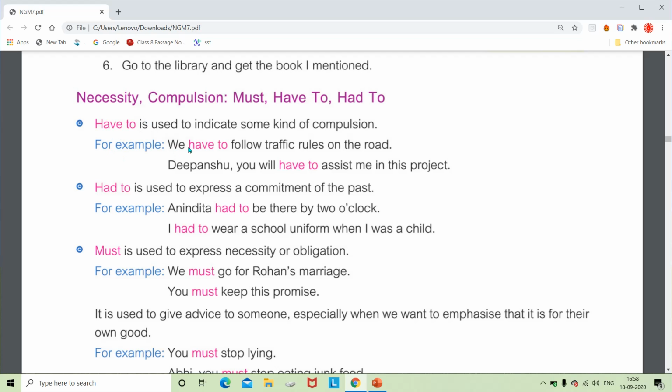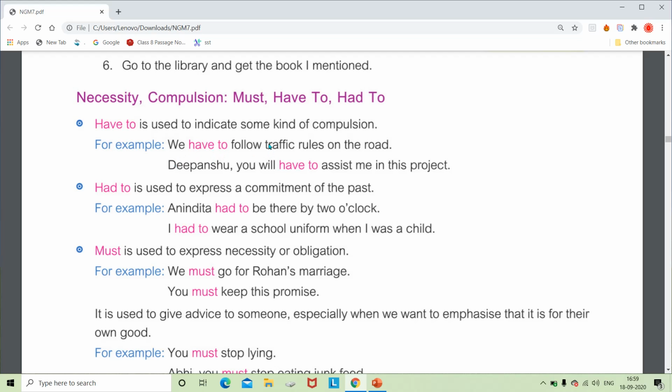For example, we have to follow traffic rules on the road. What happens if we do not? Police will catch us, they may fine us, they may scold us. So whether we wish or not, willy-nilly, we have to follow something out of compulsion. So at that time we use have to.